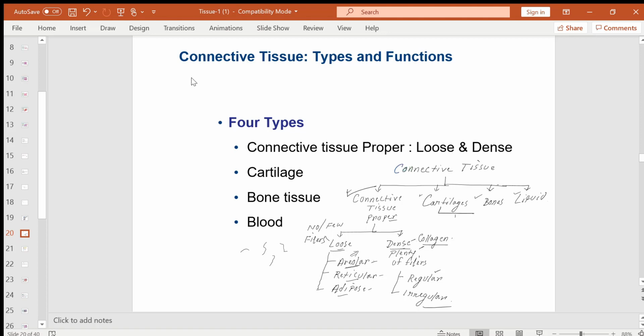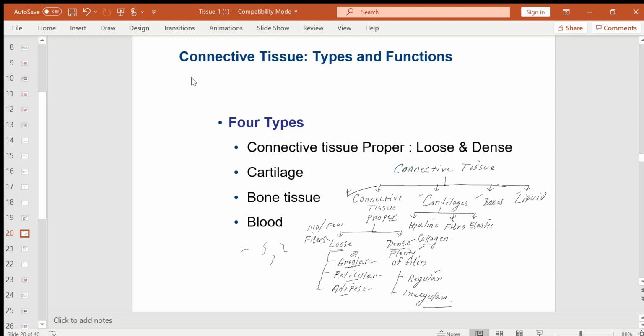The most common type of cartilage is hyaline. Then another type is called fibrocartilage, and the other type is elastic cartilage. So those are three types of cartilages.